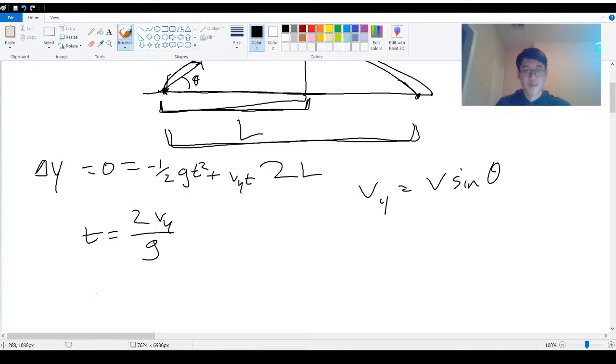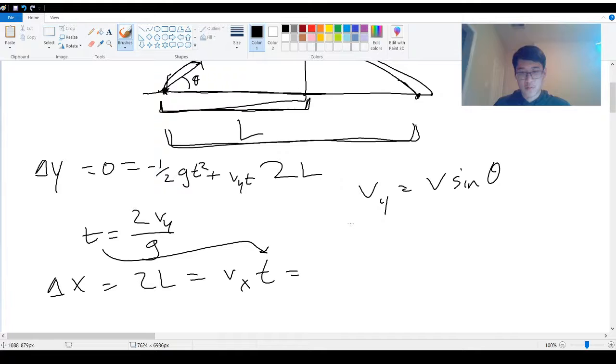Right. So then we know that delta x, the range of the motion, which is equal to 2L, is equal to vx times this time right here, right? And what is vx? vx is just v cosine of theta, right?